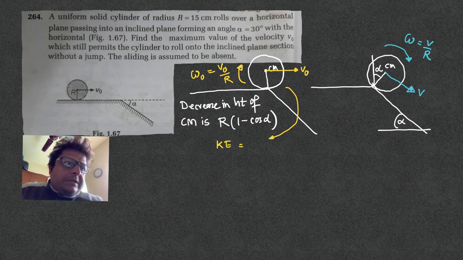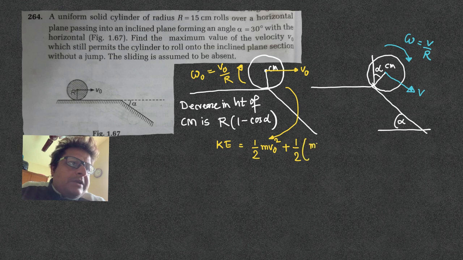You know, it is half mass m. Okay, mass. Ultimately, it will cancel out. No problem. V naught square plus this rotational kinetic energy, half mr square by 2 solid cylinder into omega naught square. So v naught square by r square.